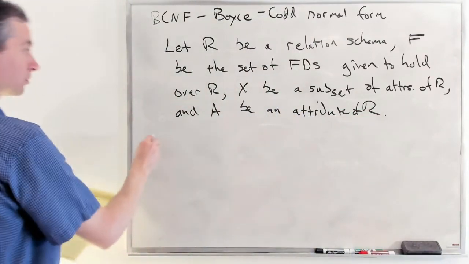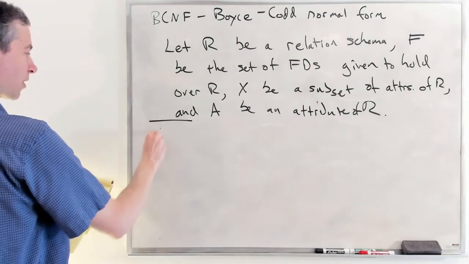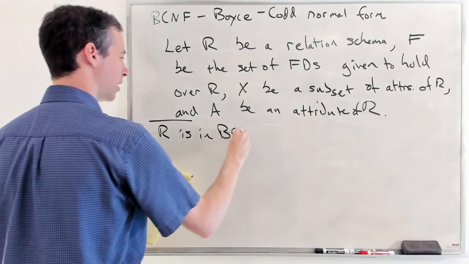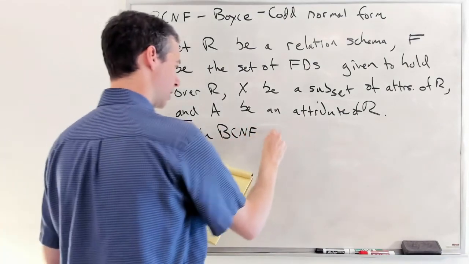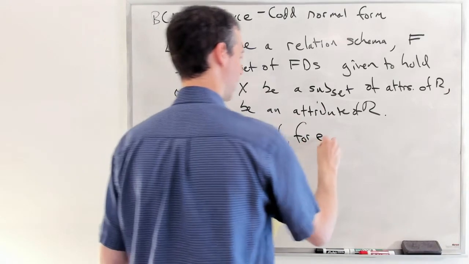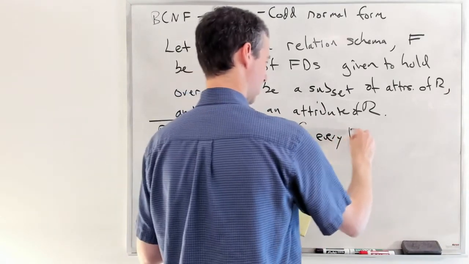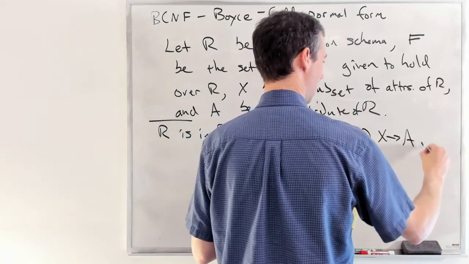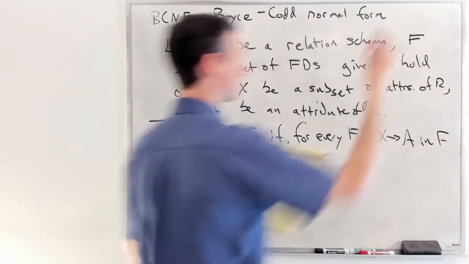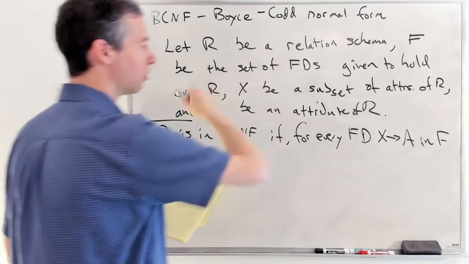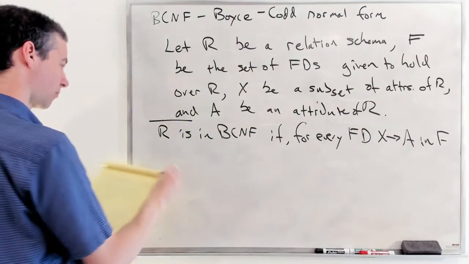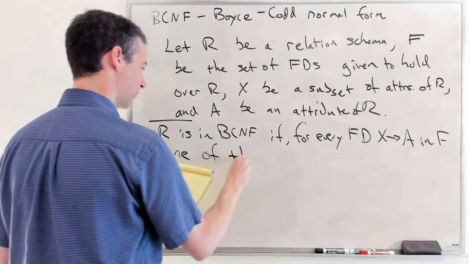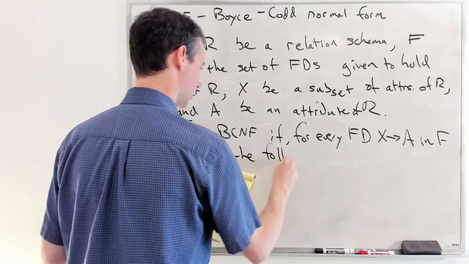So let's get to BCNF. The relation R is in BCNF, Boyce-Codd normal form, if for every functional dependency X determines A in the set F, which is the set of all the functional dependencies over our relation, one of the following statements is true.